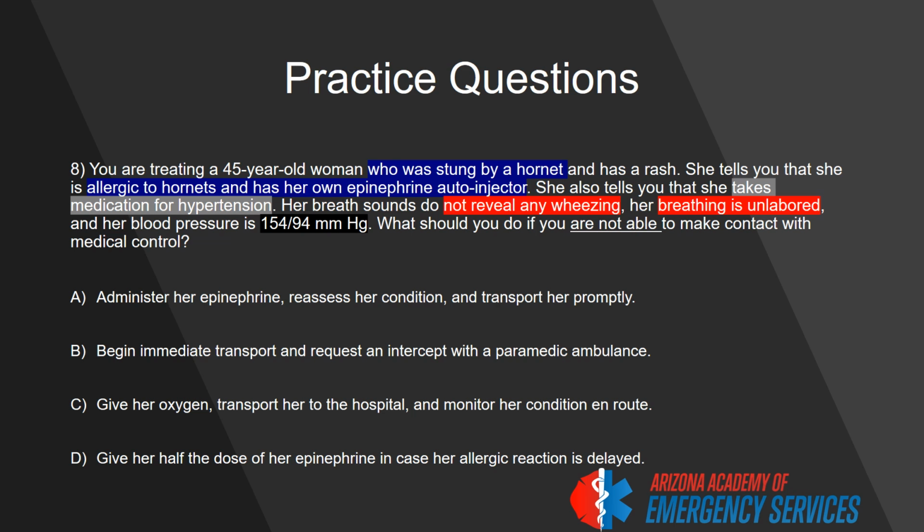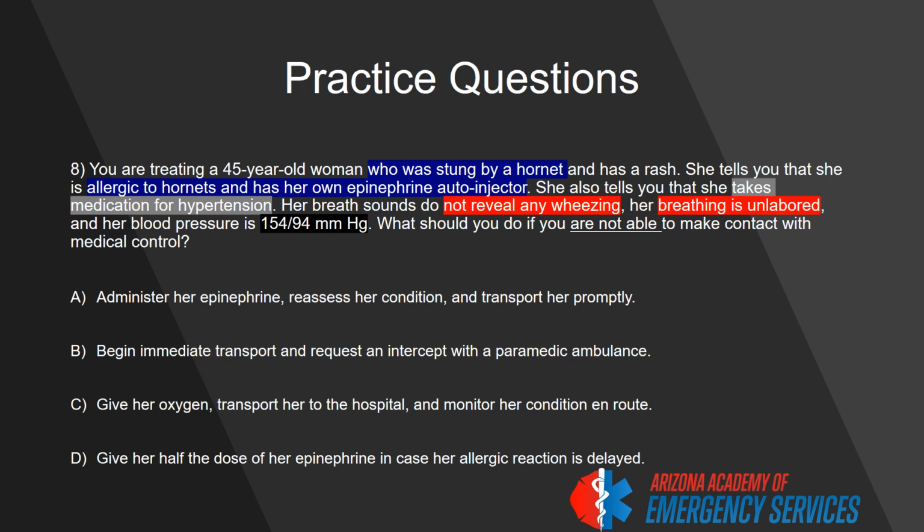So given those 2 points, the absence of wheezing and the absence of labored breathing would let us know that we cannot classify this patient as being anaphylactic at this point, and we can also corroborate that with the empirical findings of her blood pressure being hypertensive. So remember that what makes anaphylaxis a type of shock is it falls under the umbrella of distributive shock.